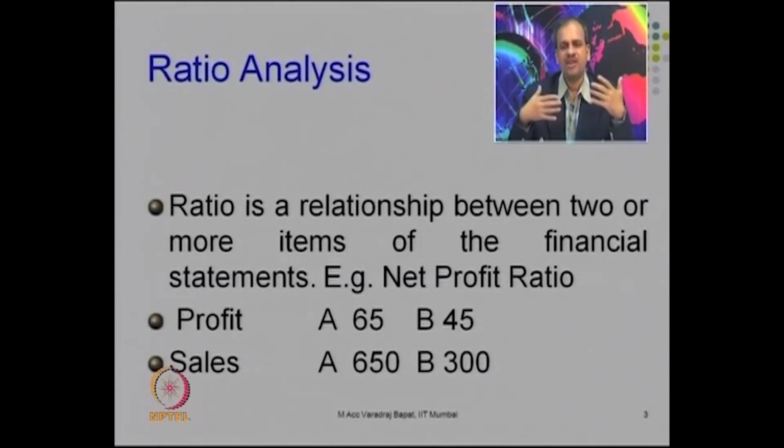Now this type of ratio can be calculated for profit and loss, for balance sheet, from across one statement to another, or from one item of a financial statement to some other quantitative information, and so on. It is a really interesting area. Now let us try to look at a few ratios, and then we will go back to our problem and try to calculate the ratios for Venkatesh Industries, which we have been already studying.